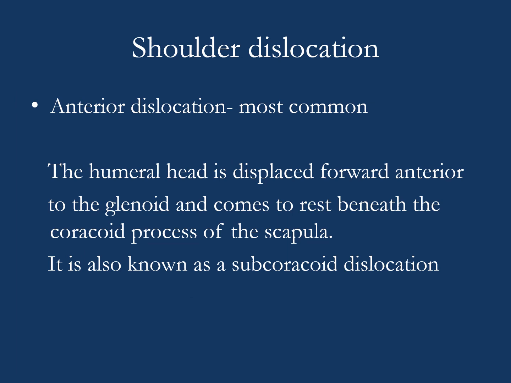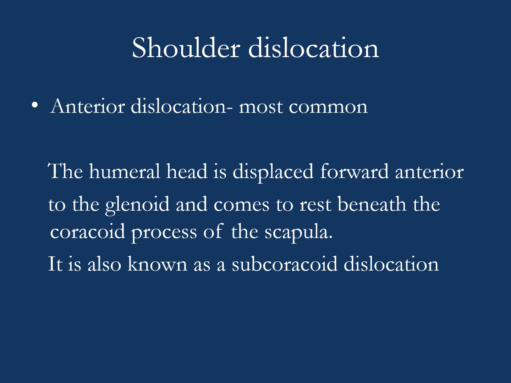Shoulder dislocation. The anterior dislocation is the most common. And in shoulder dislocation, the humeral head is displaced forward, anterior to the glenoid, and comes to rest beneath the coracoid process of the scapula.